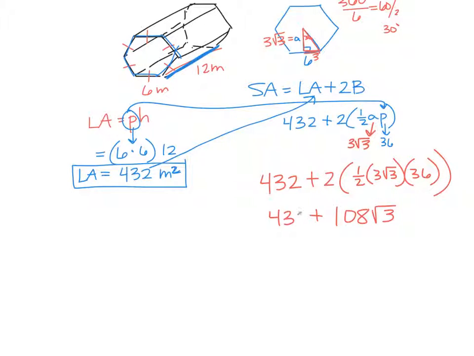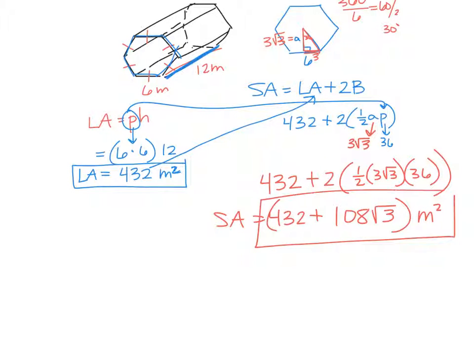Plus 432. If they ask you for an exact answer, that is your exact answer. Why can't I simplify that any further? It's the radical, right? They're not like terms right now. So you can't combine a radical with a non-radical number. So we would say it is this many square meters, okay?